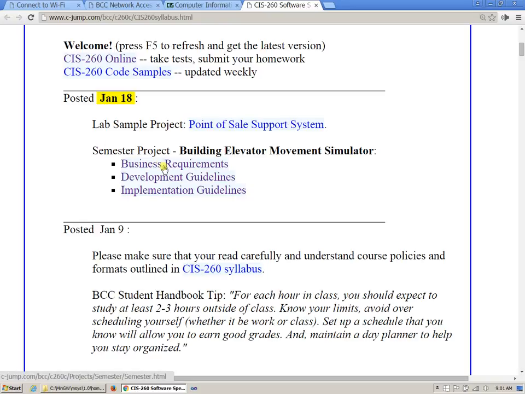Now, I chose to use this elevator problem to be our challenge, simply because I'm finding more and more that people come to job interviews, especially programming folks, and they're asked about the elevator problem.